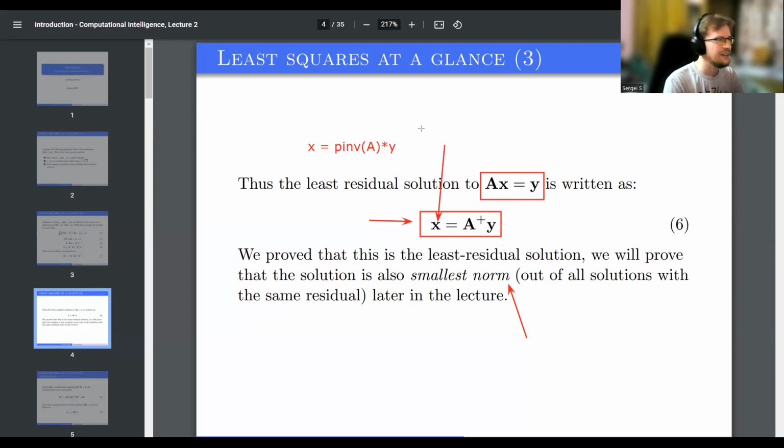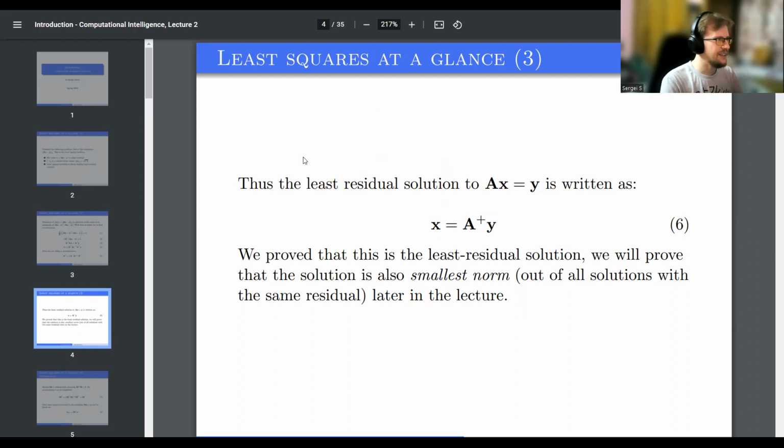But we'll discuss it later. If you have many possible x which provide you with least residual, this one is going to be the smallest one out of all of them.